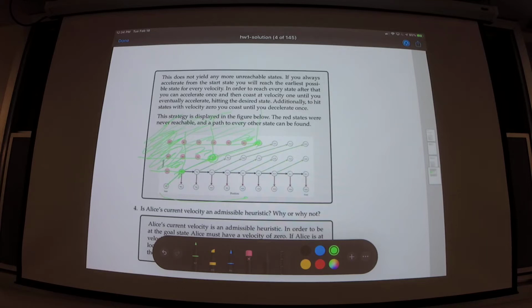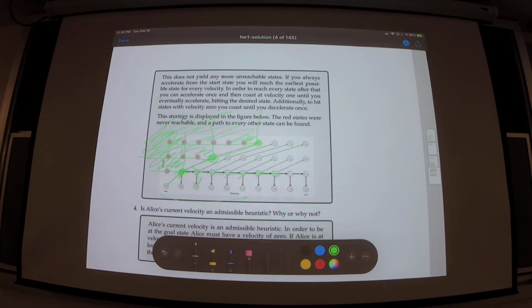So the question becomes then, those aren't reachable in either case. Do we have a strategy for reaching every other state given our restricted set of rules? And what Zach has done here is described that strategy exactly. So basically, you can accelerate to 1 and then decelerate at any point. You can coast from there and then decelerate at any point, or you can keep on coasting, right?